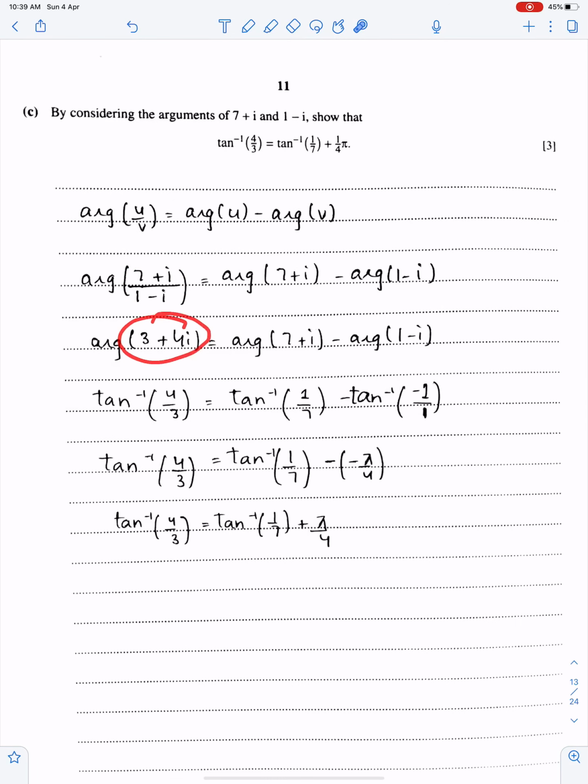This is in the first quadrant, so its argument must be tan inverse 4 upon 3. This is also in the first quadrant, tan inverse 1 upon 7. This is in the fourth quadrant, so its argument must be minus tan inverse 1 upon 1, or you can write this in this way as well.